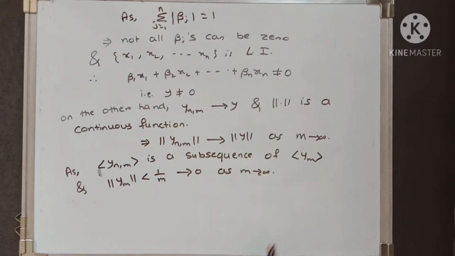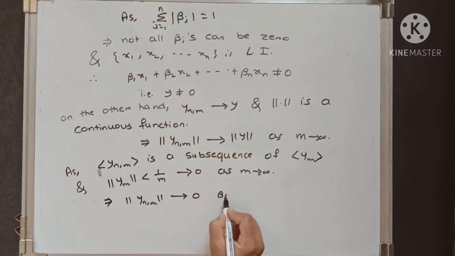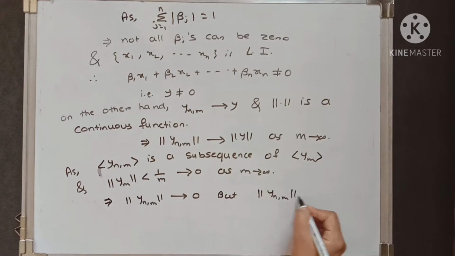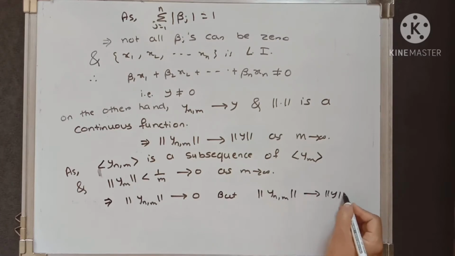That means here the sequence ym is a convergent sequence and it converges to 0, and since the sequence is convergent, every subsequence also converges to 0, and therefore the sequence ynm also converges to 0. But norm of ynm converges to norm of y as m goes to infinity.